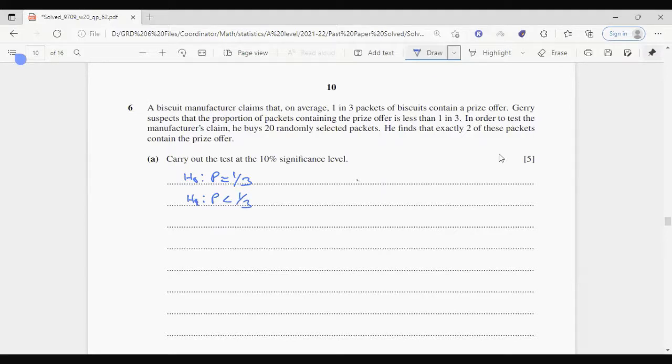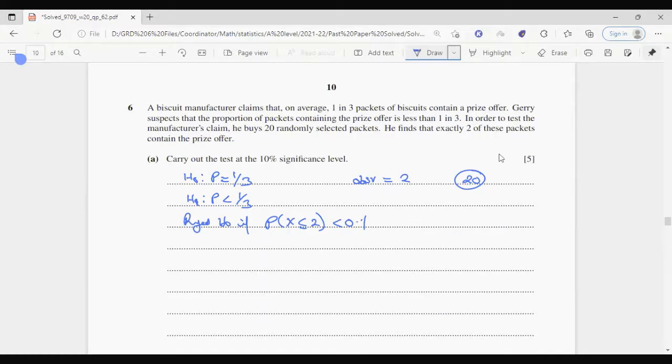So the observed value is what was found when he bought 20 packets. Let's say we reject H0 if the probability of X less than or equal to 2 is less than 0.1.